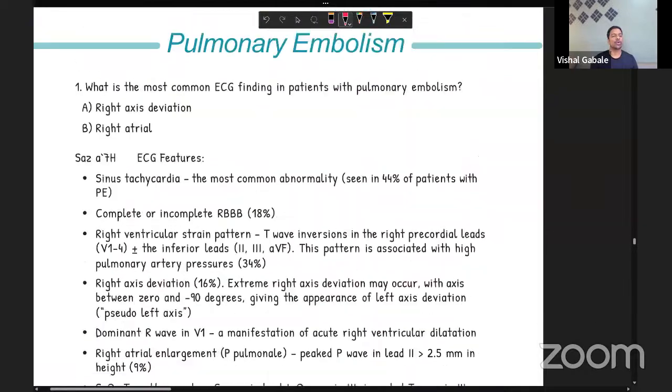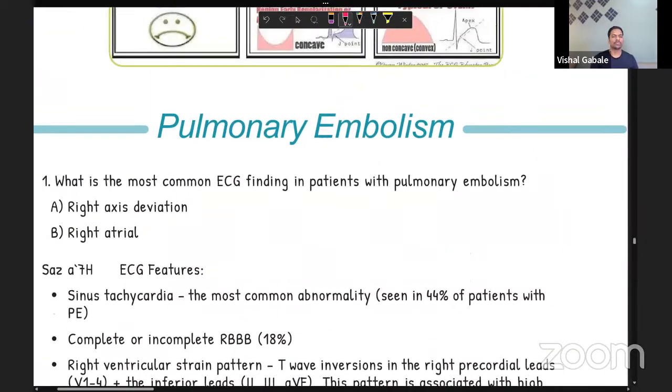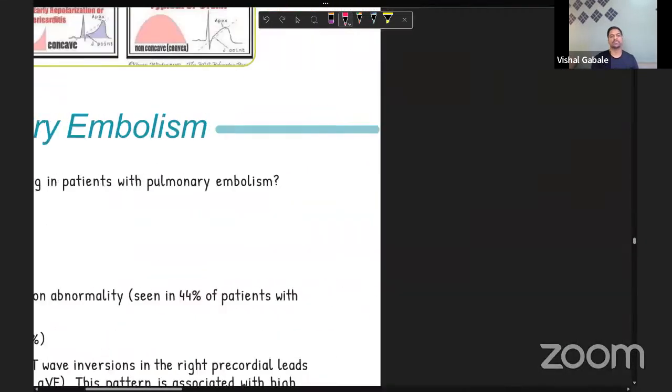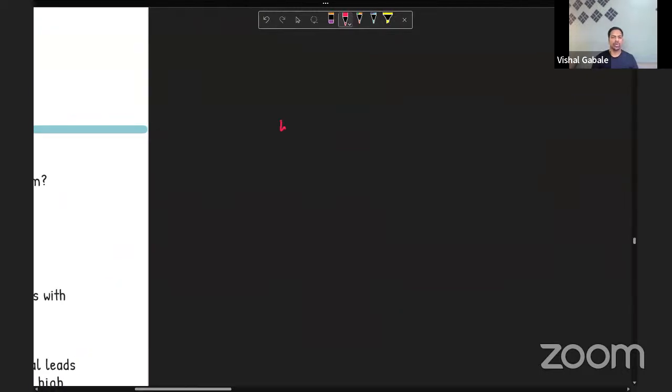Now let's quickly go through the features of pulmonary embolism. So what is the most common feature in pulmonary embolism?